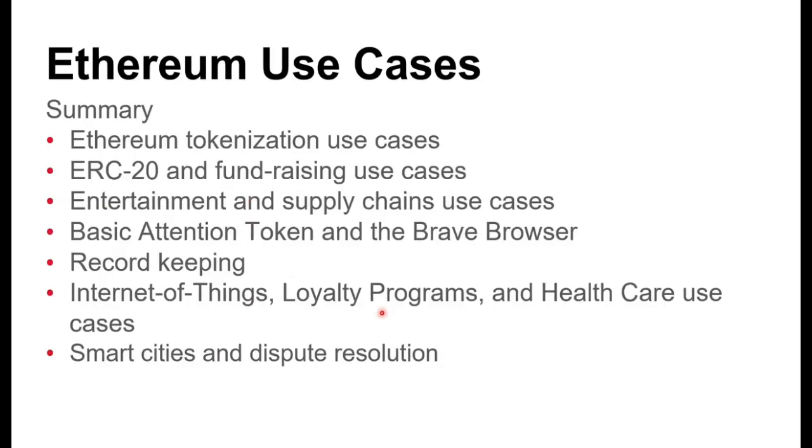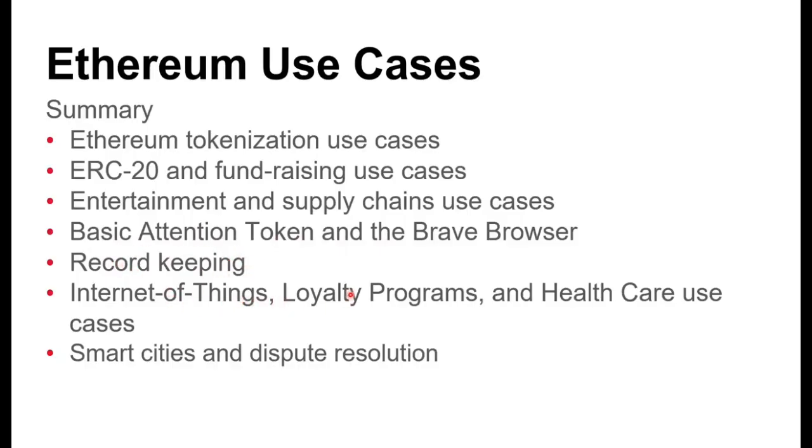So in summary, we talked about tokenizing use cases with Ethereum, ERC20 and fundraising use cases. So that was with the initial coin offering or ICO, entertainment and supply chain use cases, Basic Attention Token or BAT in the Brave browser, record keeping or notary type of functions can also be managed on a blockchain.